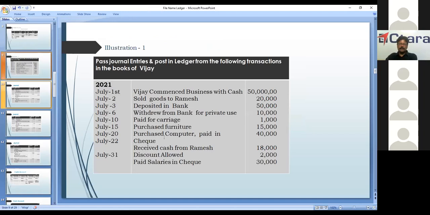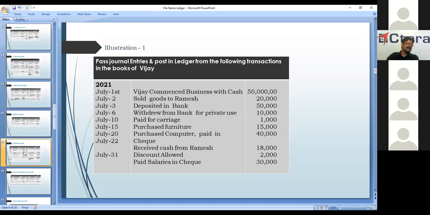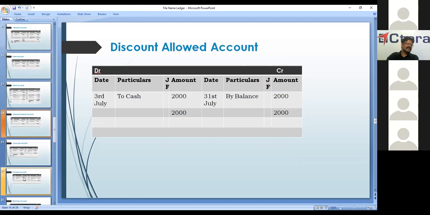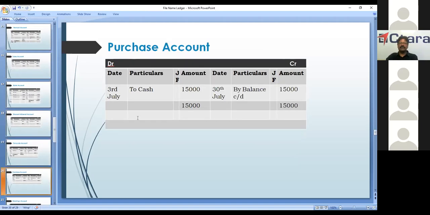Purchased furniture. This is also through cash. We purchase furniture through cash, and the entry here is furniture account debit to cash.